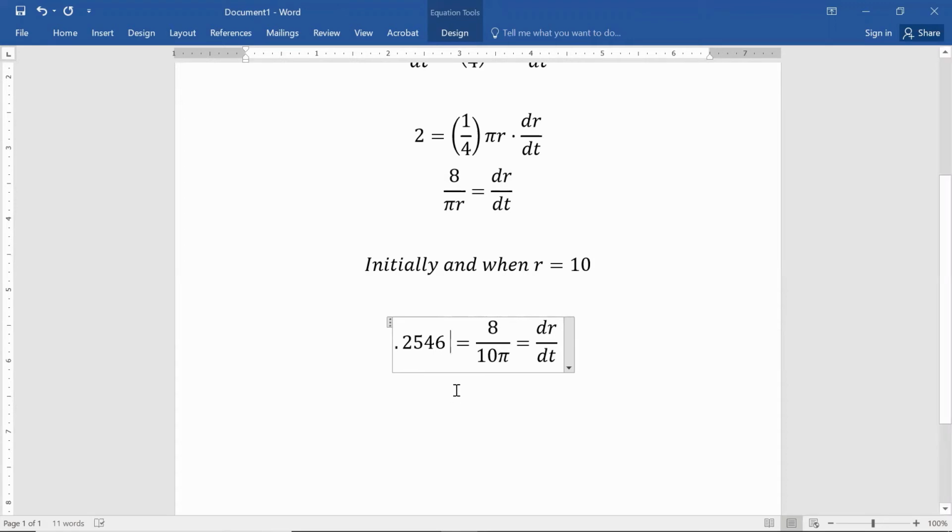So this situation says if the puddle had a radius of 10 inches and water was flowing in it, then the radius of that puddle is growing at about 0.2546 inches per second.